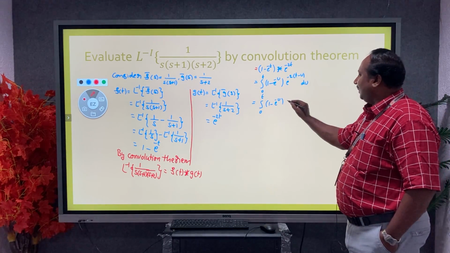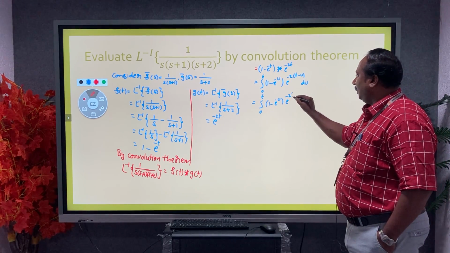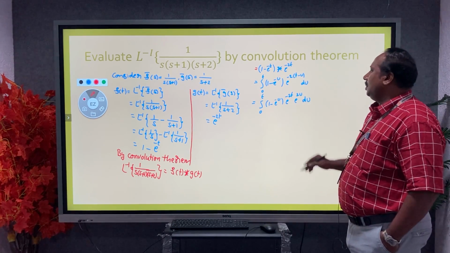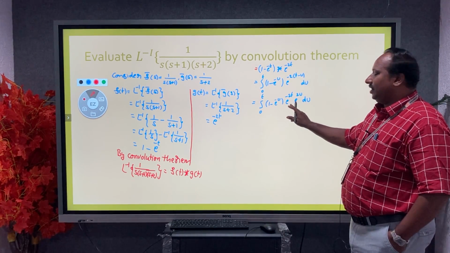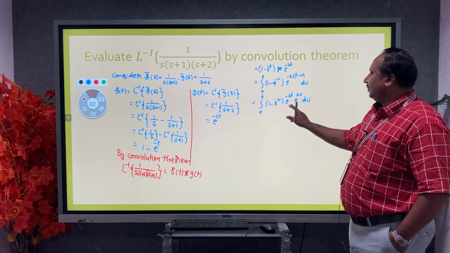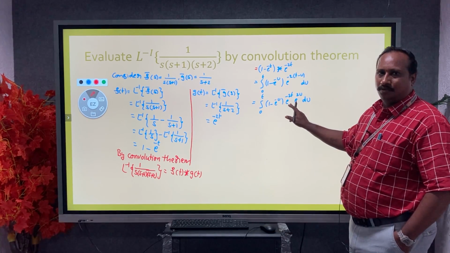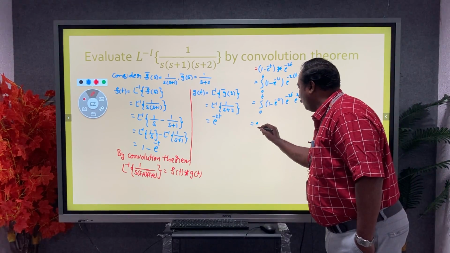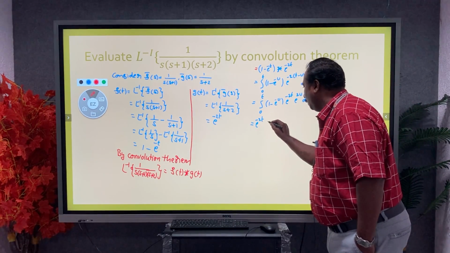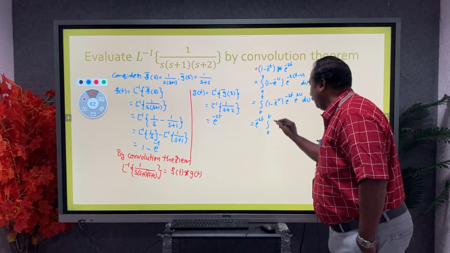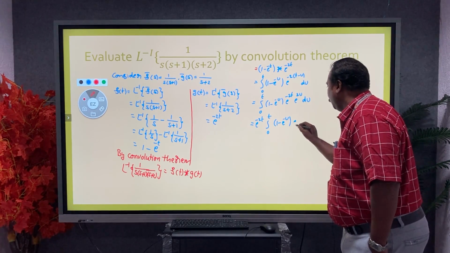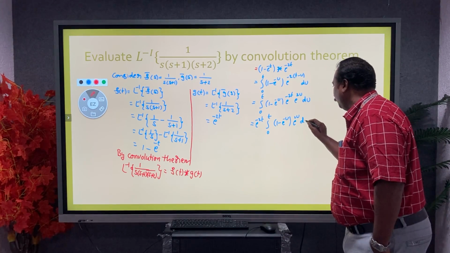So it can be written as e power minus 2t into e power 2u du. Okay. So here e power minus 2t is constant. Why? Because it is independent of u. So it is a constant. So take outside. Then e power minus 2t into integral 0 to t 1 minus e power minus u into e power 2u du.